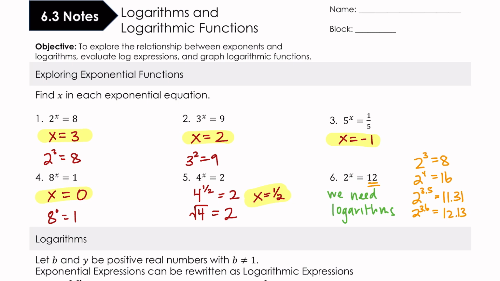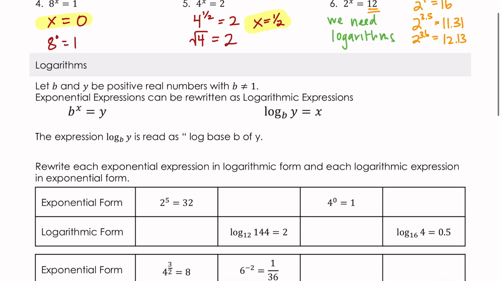Okay. So any exponential function can be written as a logarithmic function. If we have something like b to the x equals y, like in that example, 2 to the x equals 12, we can rewrite that as a logarithm to solve for the x.